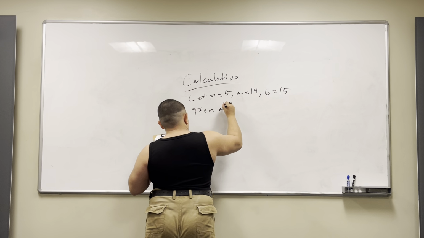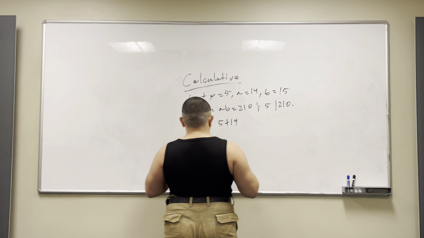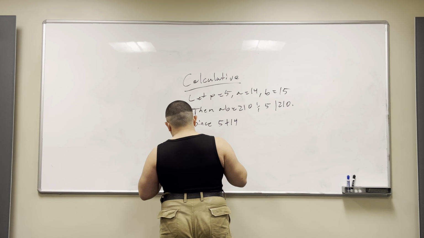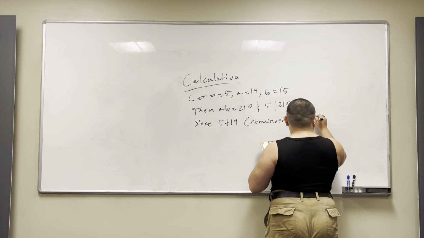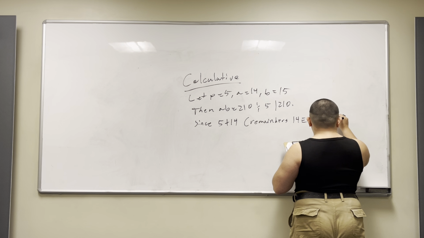Since 5 doesn't divide 14, the remainder is 1 modulo 5.